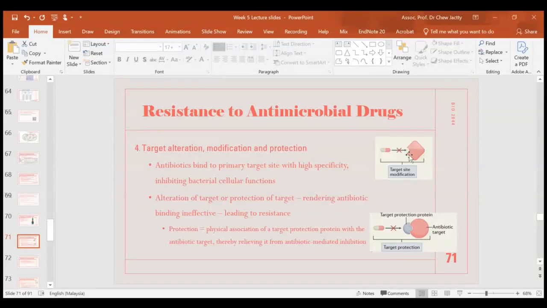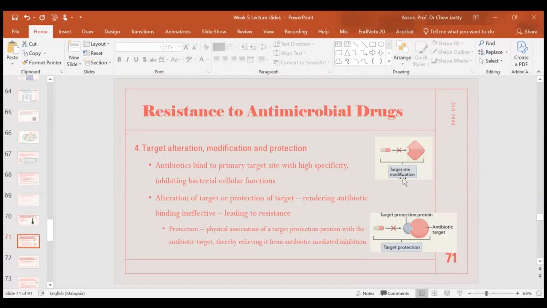So if you look at the first image here, the bacteria modify the target site so that the antibiotics cannot target it and it's not recognized at the target site. So there's no effect of antibiotics. Or they can have protection proteins shielding the target site away from the antibiotics.